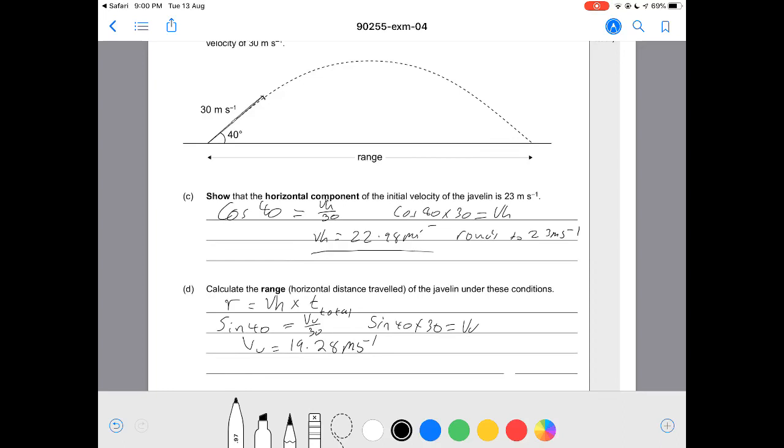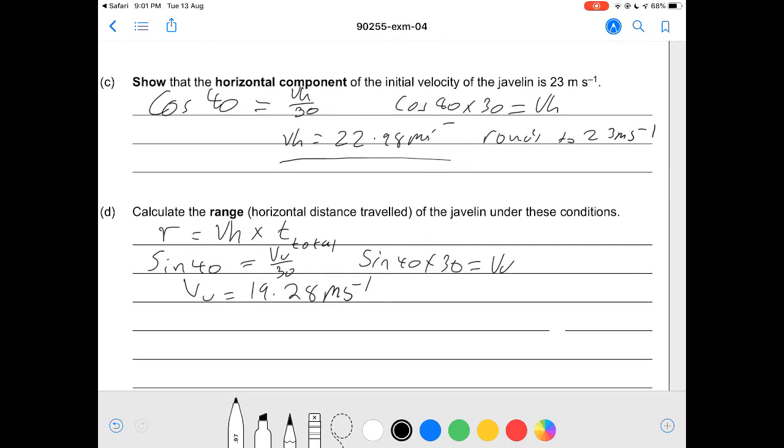Now that you have your VV, you can use it with some other variables to figure out the time taken for the ball to reach the maximum height. We need to note down what we have. We have our VV, which occurs when I kick the ball.